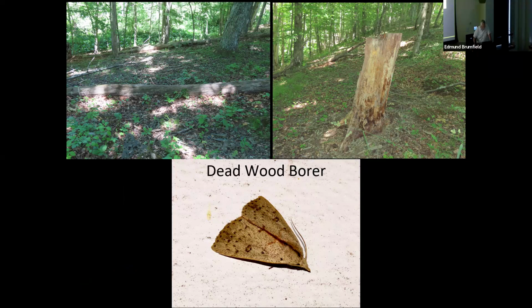Even dead stuff hosts moths. So there's the dead wood borer. So you got part of your wood, part of your forest, or part of your property. Just let the fallen logs lay, let the standing logs stand, and you'll attract things like dead wood borer moths, in addition to a whole bunch of other things.